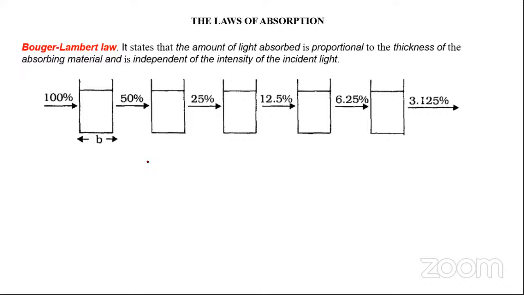Now imagine that I put two gelatin sheets in between, or three, or four. What will happen to the light that is coming to you, according to you? The amount of light decreases. Yes.